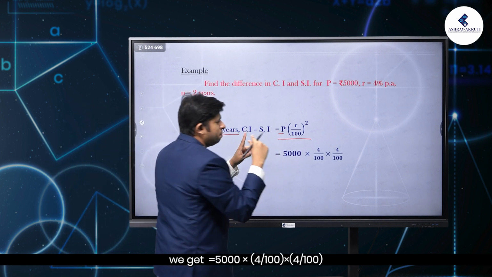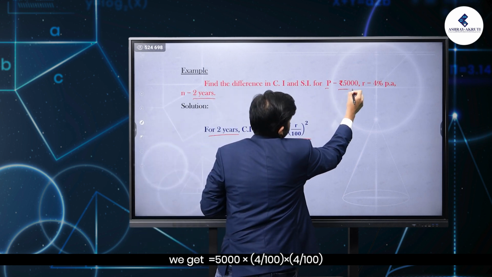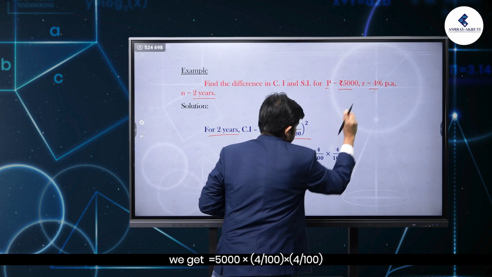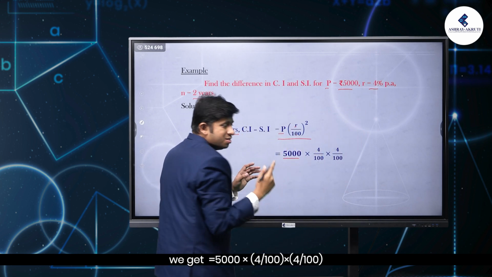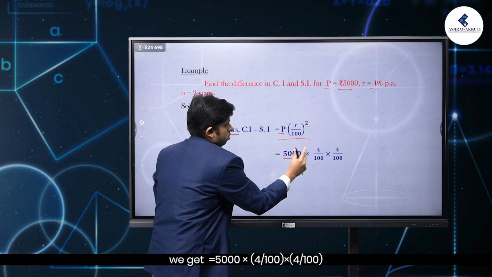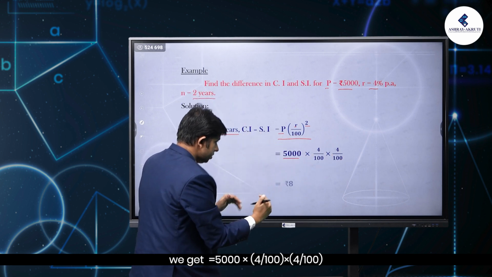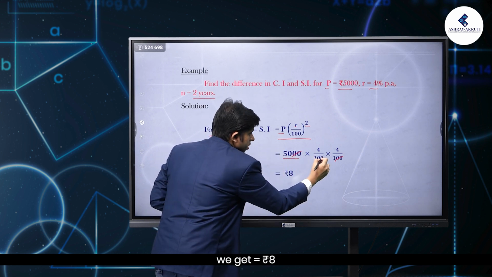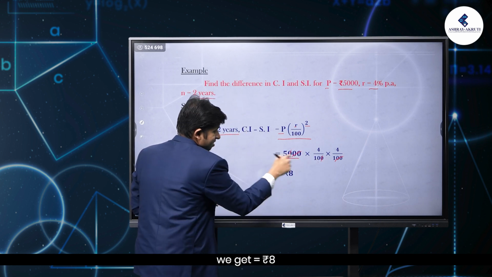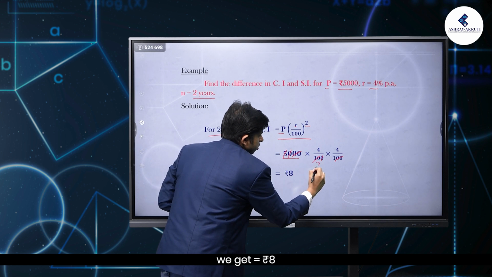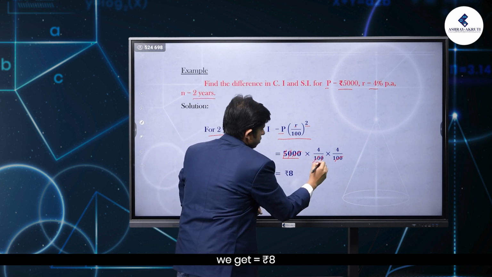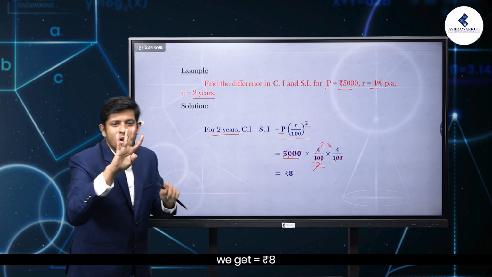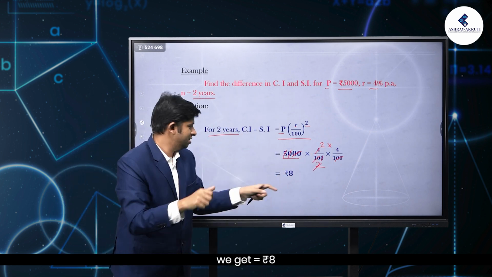We get 5000 into 4 by 100 into 4 by 100. Then by simplifying we get 8 rupees.